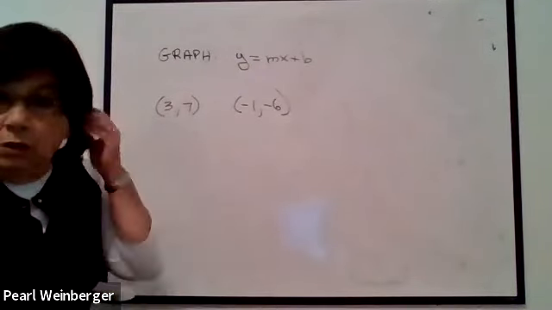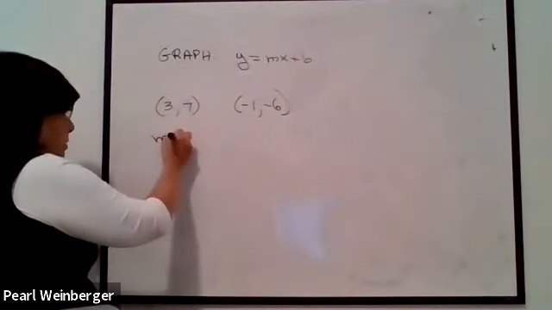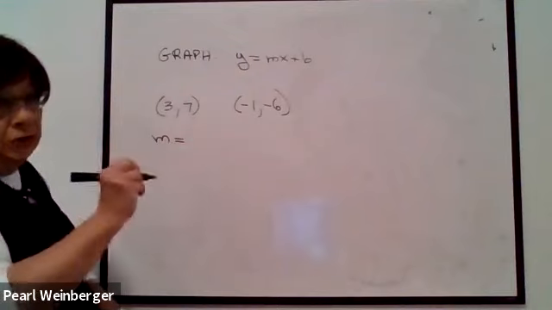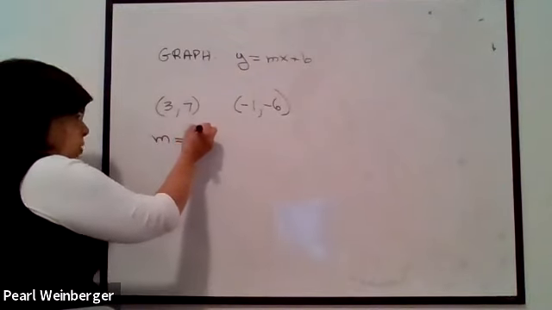But there is a formula for the slope. That formula is something that's so important, you must know this by heart. The slope formula goes like this: y2 minus y1 divided by x2 minus x1.